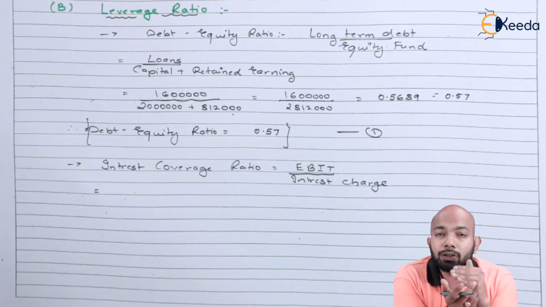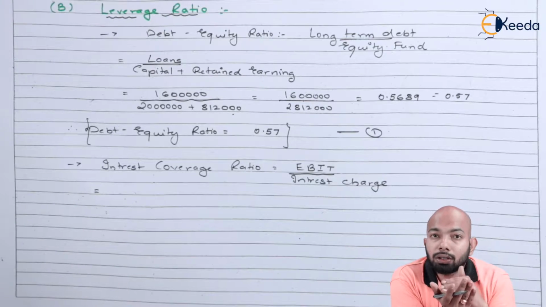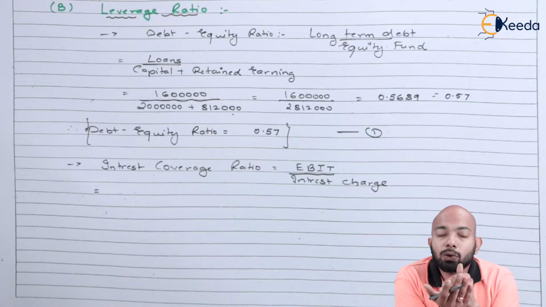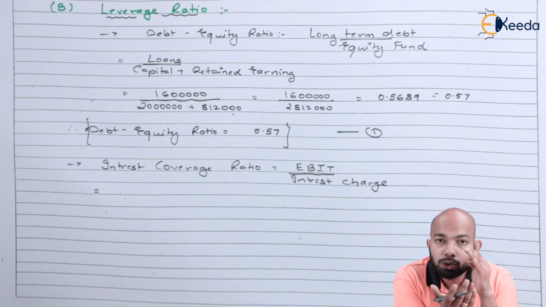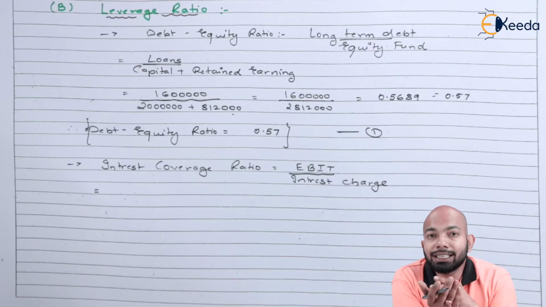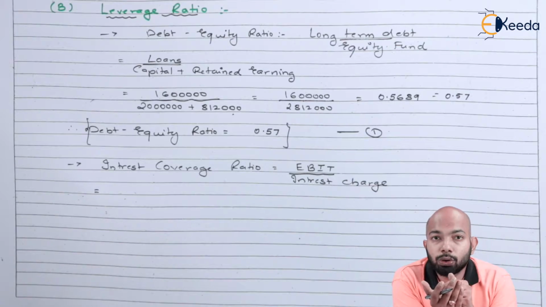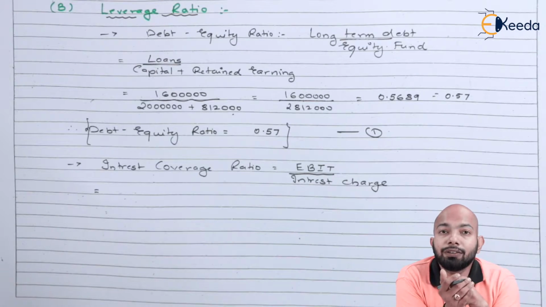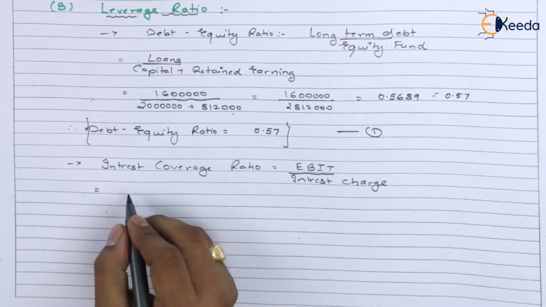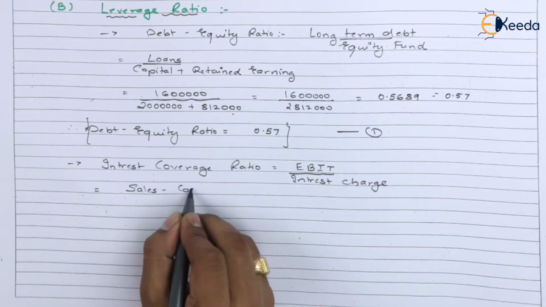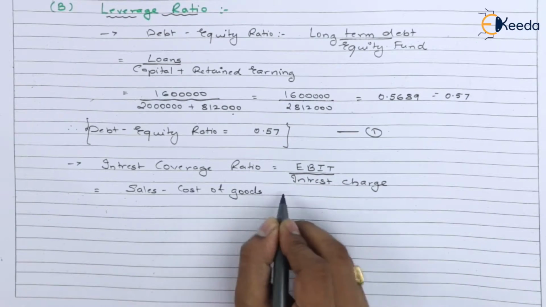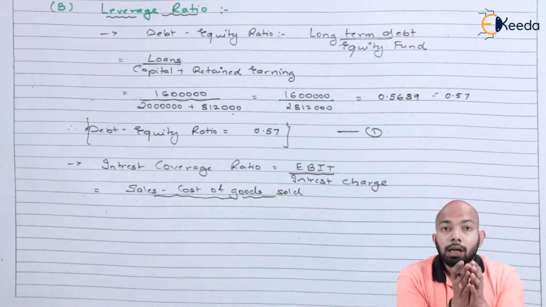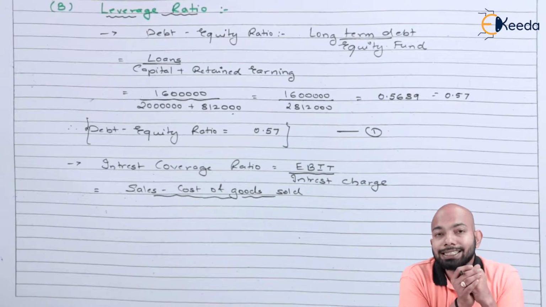After that we have interest being subtracted from that. So sales minus cost of goods sold will give you the earnings before interest and tax, because only after that 1,60,000 of interest has been subtracted. So you just have to do 40 lakhs minus 28 lakhs, that is sales minus cost of goods sold, which gives you 12 lakhs. The next item is interest charge.